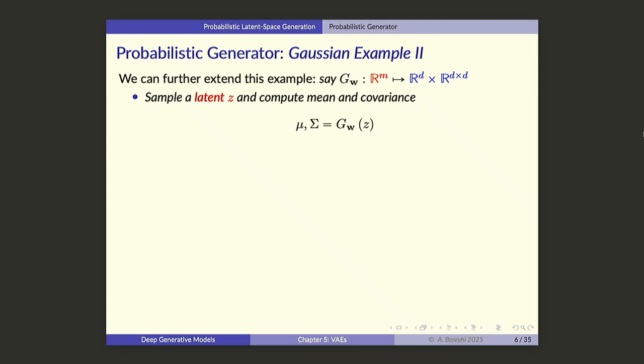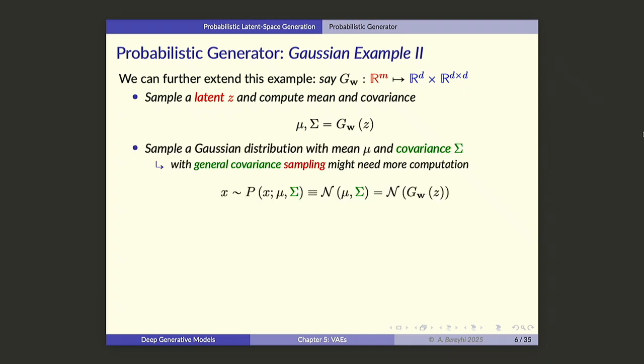Every single latent sample that I have, I give to this neural network, it gives me the mean value and the covariance matrix, and then I sample from one distribution with that mean and covariance matrix. This is again a conditional generation of x given z, but we should always pay attention.